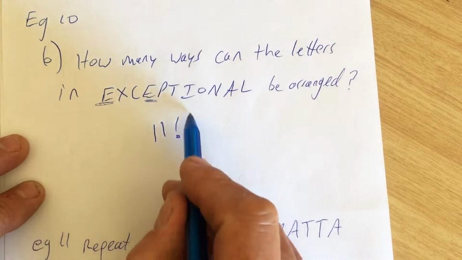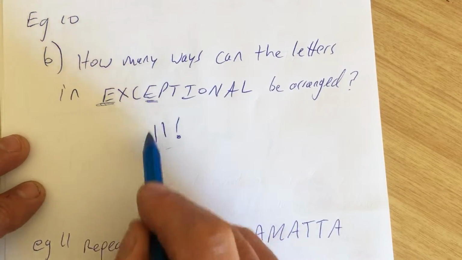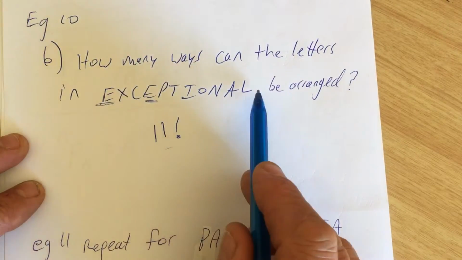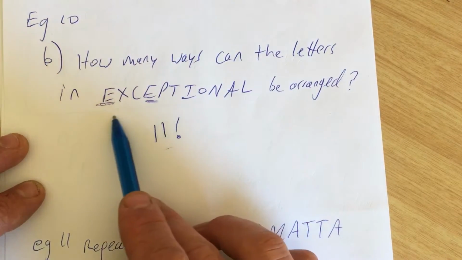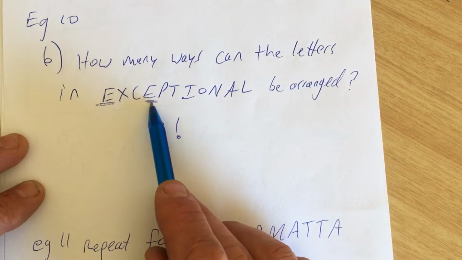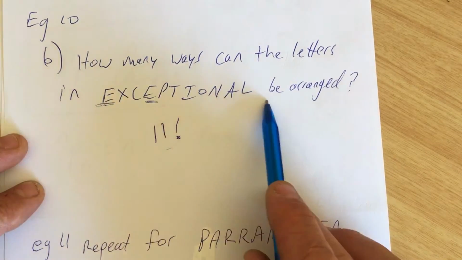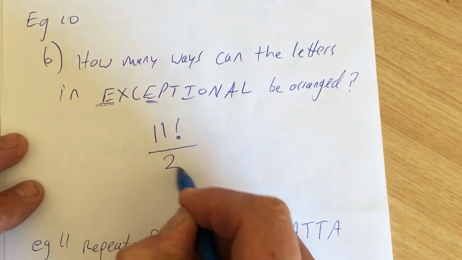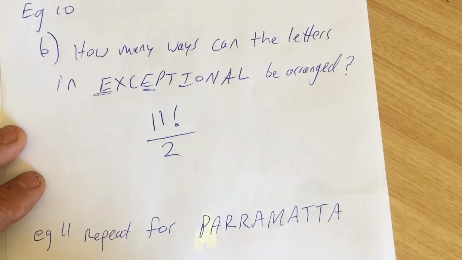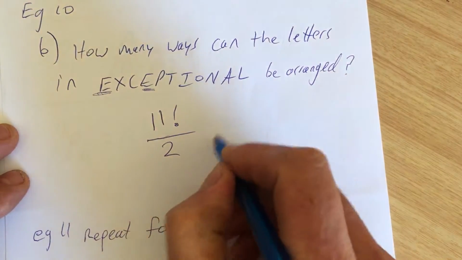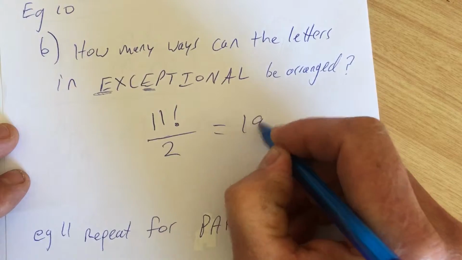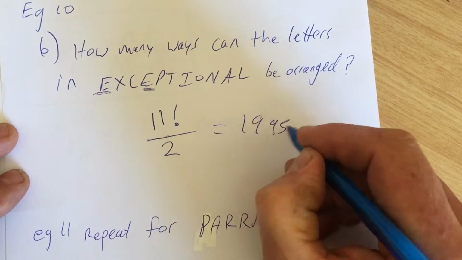So because there's 2 E's, there's actually not 11 factorial different words that you can make if you put all 11 of them down, because whether the first E's there and the second E's there, or they're swapped around, it's exactly the same word. So there's 2 times too many, so you just halve that. So that equals a lot, 19,958,400.